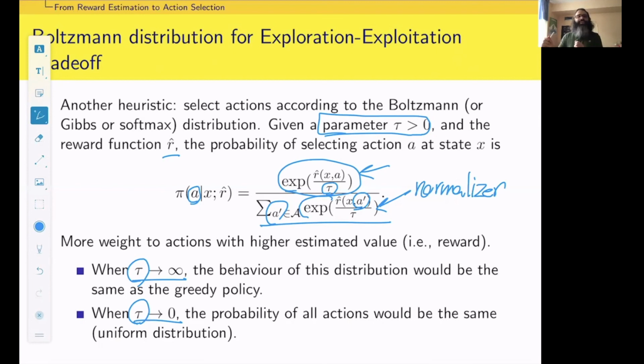The tau parameter is a way that we can change this behavior, a similar idea to epsilon of epsilon greedy, with the difference that epsilon greedy either chooses the best one or, for the rest, gives the same probability. Here, the probability depends on the value of r hat. In general, if the r hat for some action is higher, the probability of choosing that action would be higher. How much higher depends on tau.